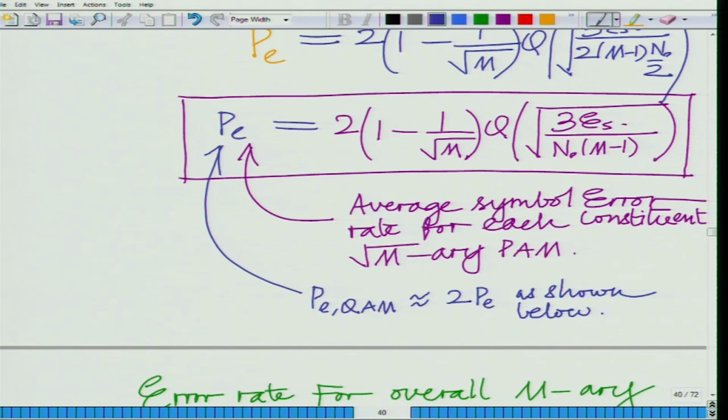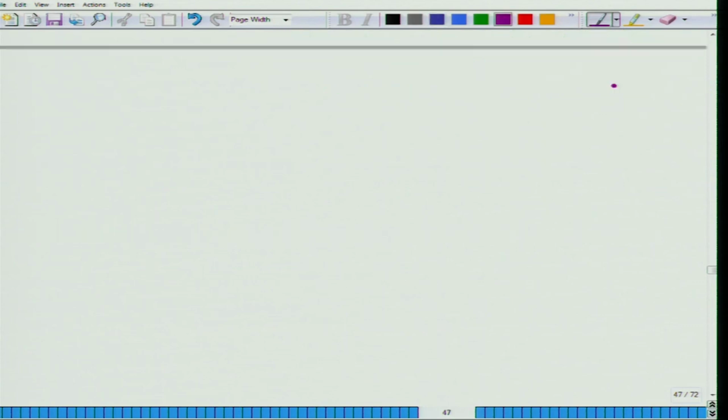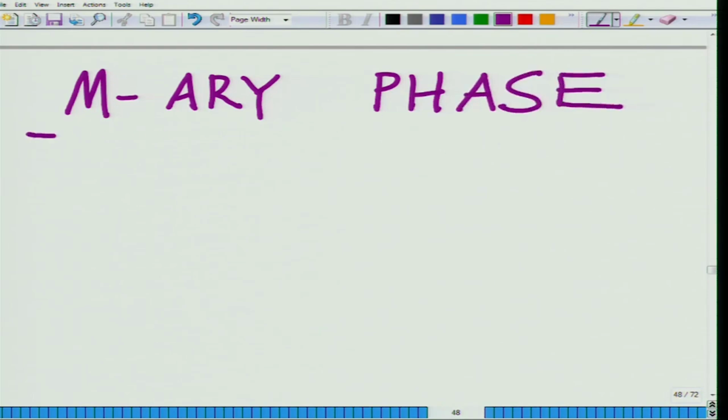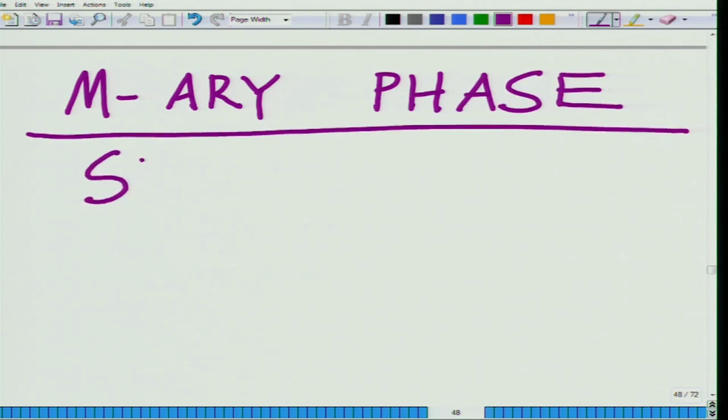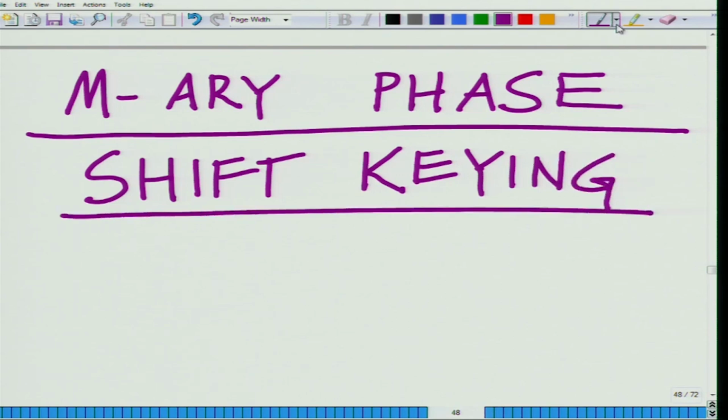Anyway, let us move on to our modulation scheme under consideration, which is yet another digital modulation scheme, termed M-ary phase shift keying, that is your M-ary PSK.